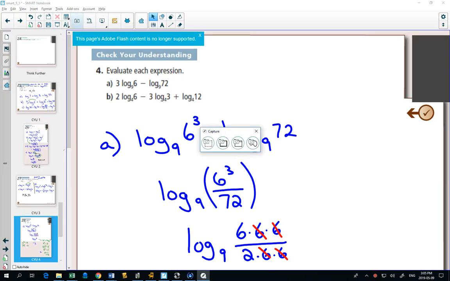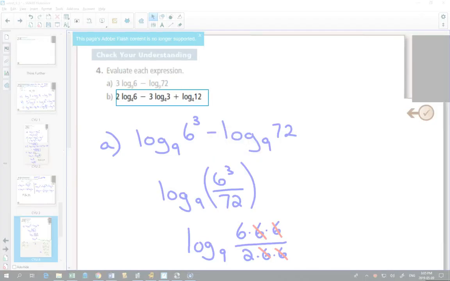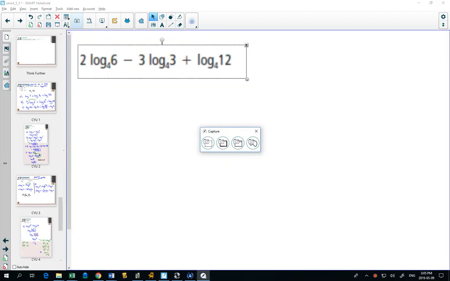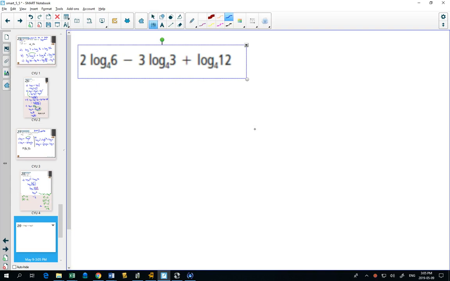Looking at part B. Again, I don't know 4 to what exponent is 6, so I might try to combine these. I'm going to put the numbers in first. Anytime you have numbers in front and you want to combine, that would need to be done first.